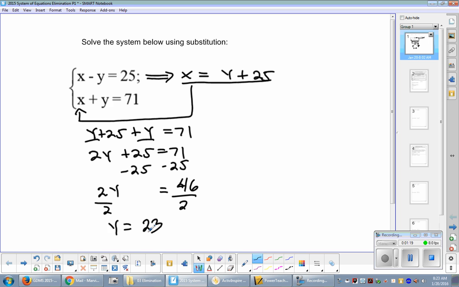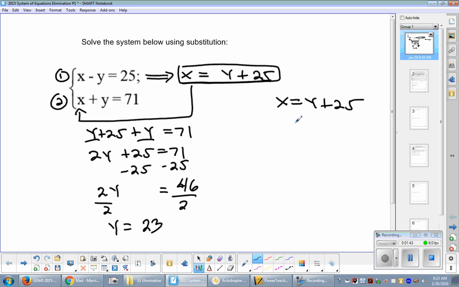And then we'll go back to this equation, x equals y plus 25. Or you can use equation number 1 or equation number 2. You can plug in y equals 23. Either way, you should be able to get the same value for x. But I would rather use this equation that came from equation number 1.